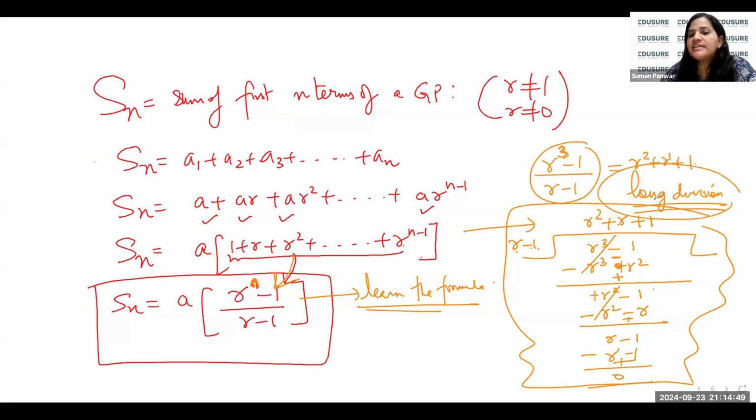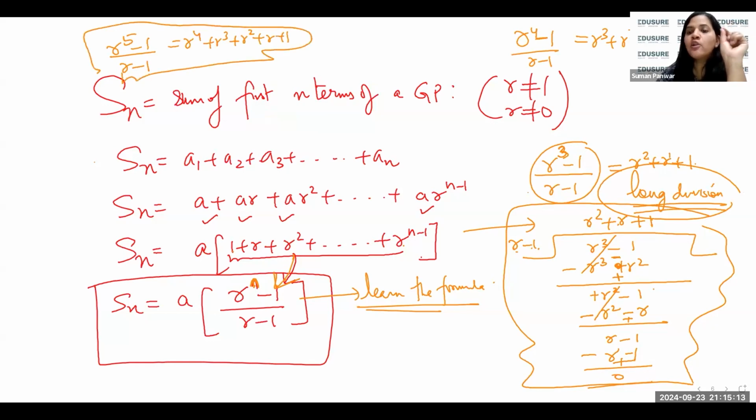So I just gave an example that whatever power we have here, if we have r power 4 minus 1 divided by r minus 1, we will get r cube plus r square plus r plus 1. If we have r^5 minus 1 divided by r minus 1, we will get r^4 plus r cube plus r square plus r plus 1. You have to remember this. How we obtain it is the long division method, also known as polynomial division.